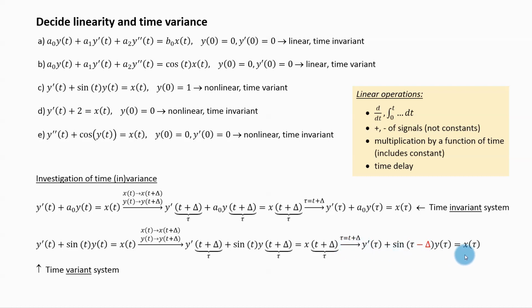So this differential equation, because of this minus delta, is different from this differential equation. So even if this differential equation holds, when I time shift the signals, I get a different differential equation, which in general is not guaranteed to hold. Therefore, the system described by this differential equation is time variant. And this is how you can examine time variance formally.